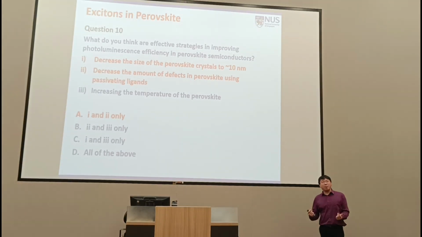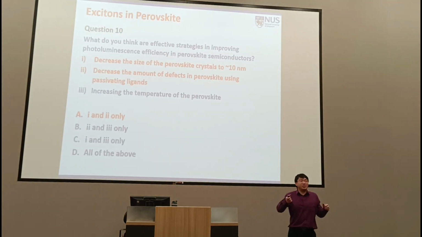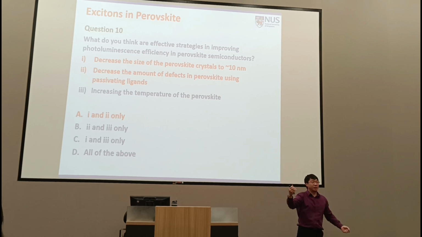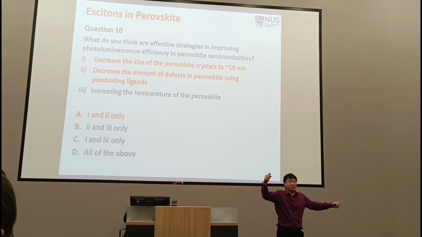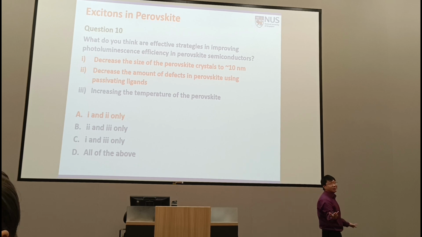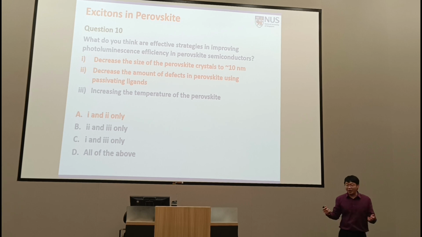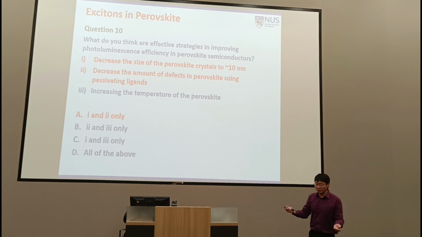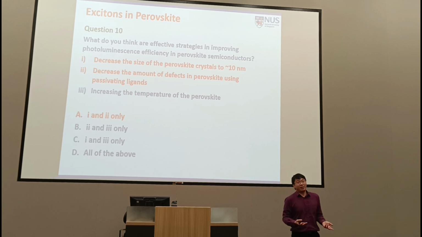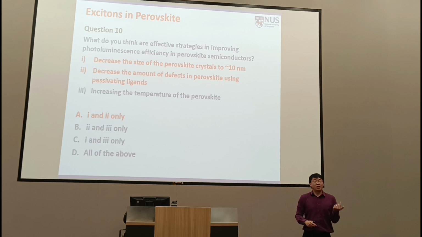If you increase temperature, it's easier for the electron and hole to go apart. There's more thermal energy. The electrons and holes can easily escape each other and not recombine. So temperature actually breaks up electrons and holes, breaks up excitons, and that's a bad thing for photoluminescence.